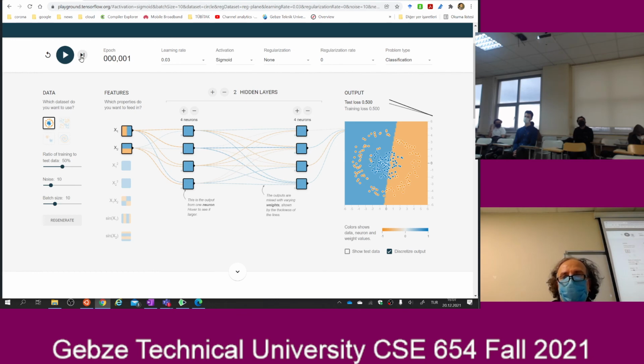One step did that, and as you have seen, now I have a little bit better configuration here. This is just one movement of the parameters.